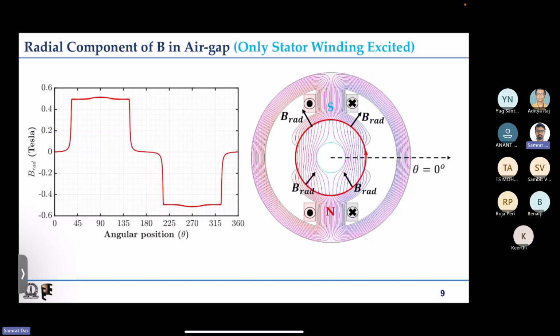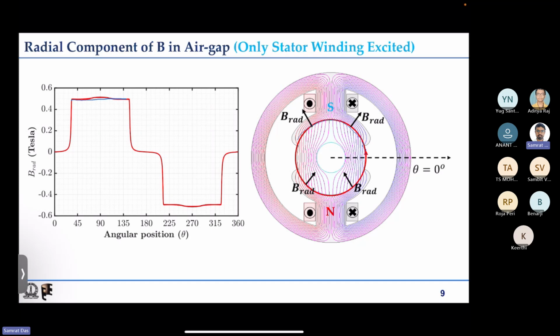Now if we actually do this exercise, we take different points on the air gap circle, take the B magnitude and direction, and resolve it into two components, this radial component and tangential component. Here I am only showing the radial component. You can see that under this top pole, you have a reasonably high positive value of B radial.